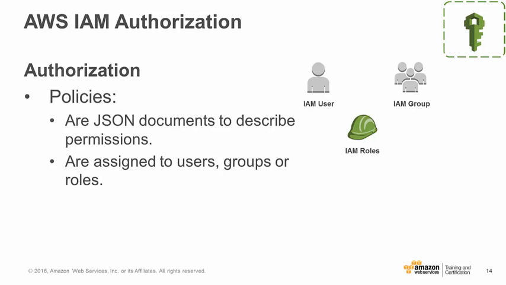However, instead of being uniquely associated with one person, a role is intended to be assumable by anyone who needs it. Also, a role does not have any credentials, password, or access keys associated with it. Instead, if a user is assigned a role, access keys are created dynamically and provided to the user.